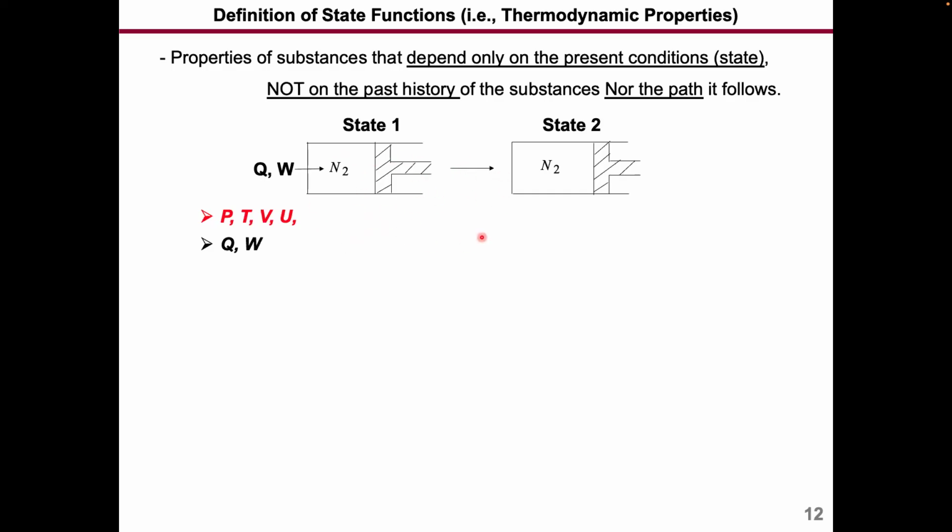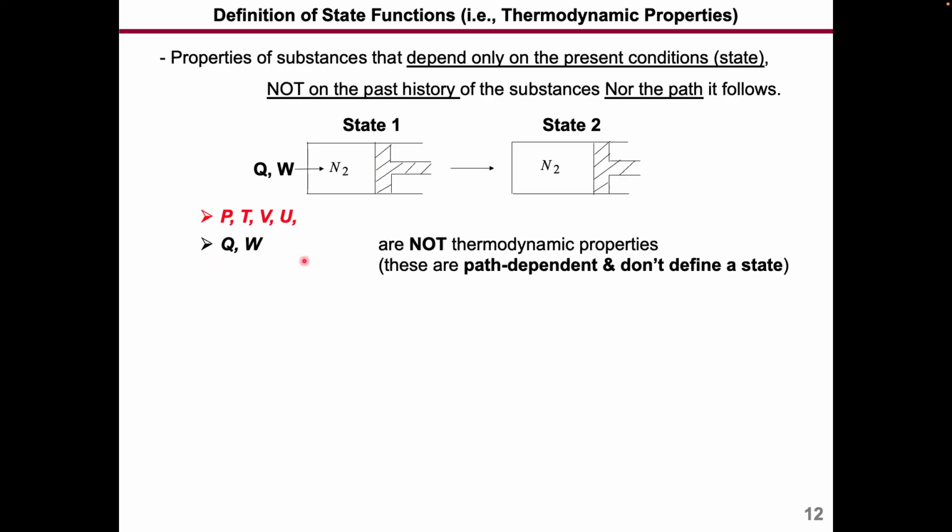Depending on what kind of process you have, your Q and W might be different. So Q and W are not thermodynamic properties because they are path dependent and they don't define the state, okay? And P, T, V, U are all thermodynamic properties which define the state, okay?